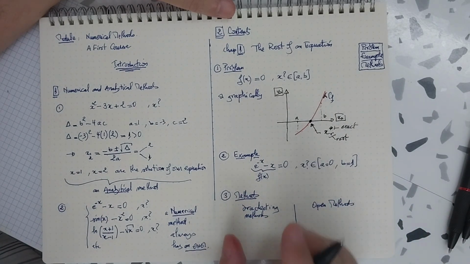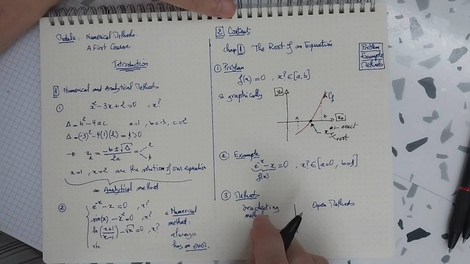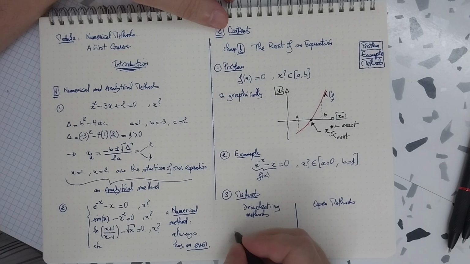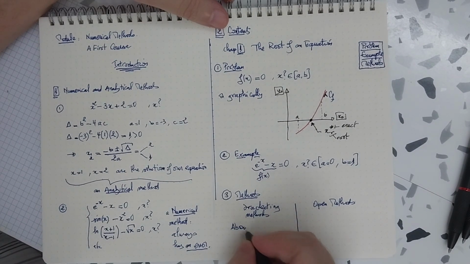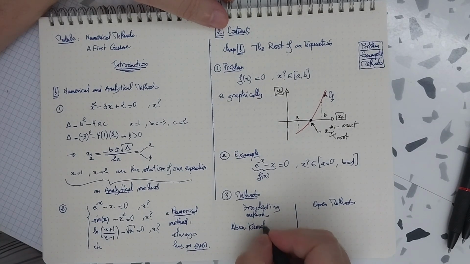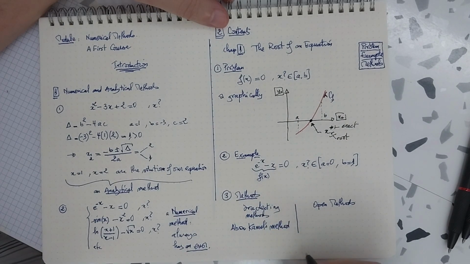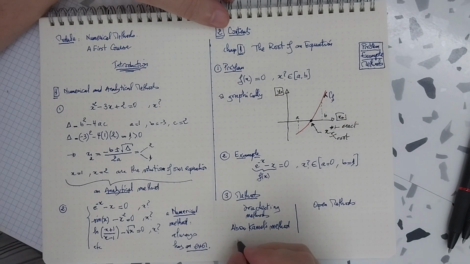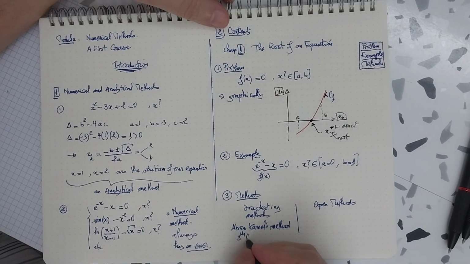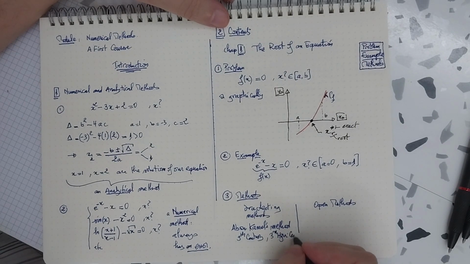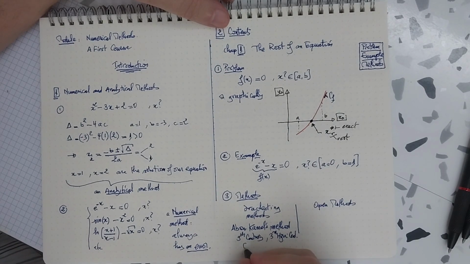But in this chapter, we will focus only on one method called Abu Kamel's method, from the 19th century, or 3rd Hijri century, in Egypt.